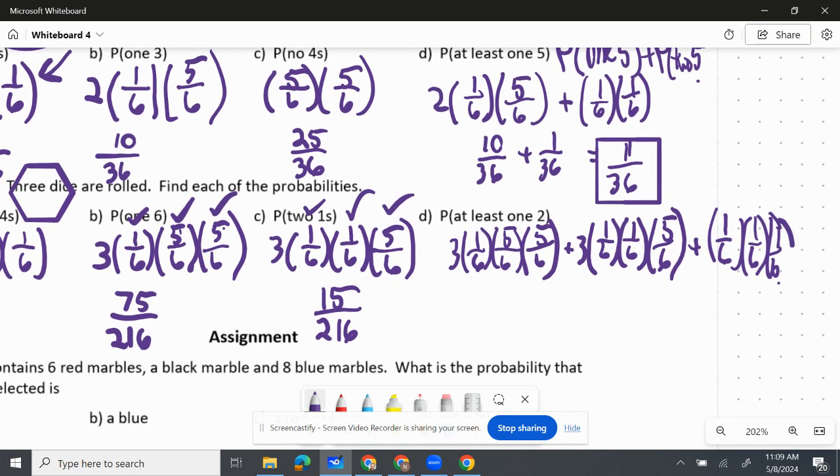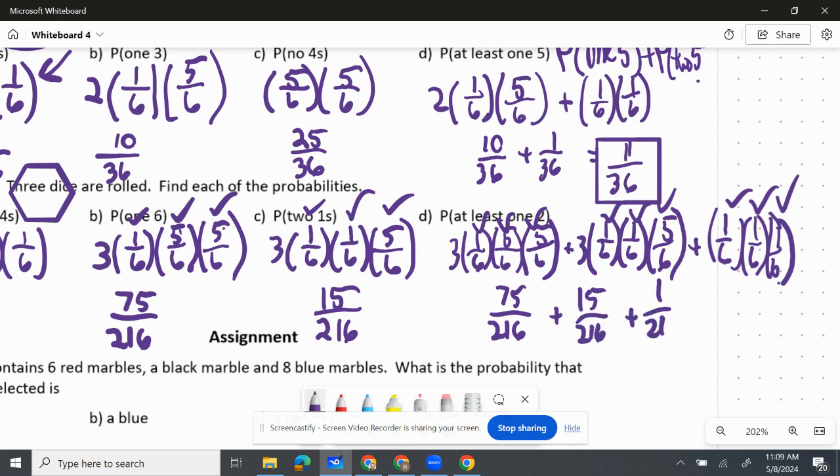So this one has 3 ways of happening. This one has 3 ways of happening. This one only has 1 way of happening. All of them have to be a 1. So we have 75 out of 216. We have 15 out of 216. And we have 1 out of 216. And that right there would give us 91 over 216.